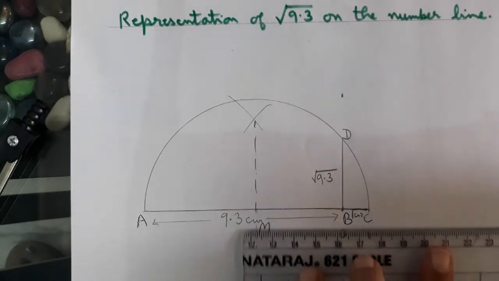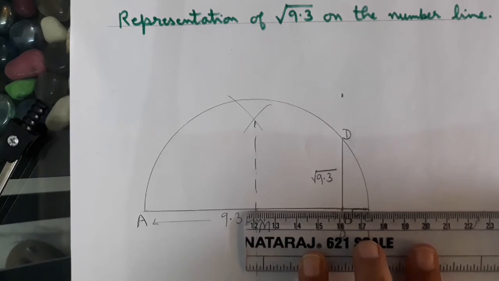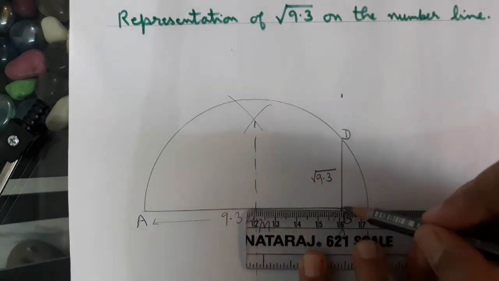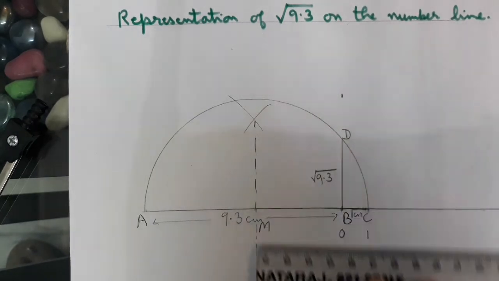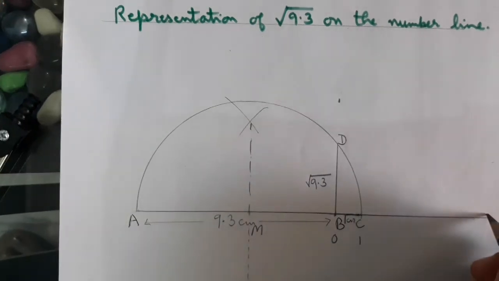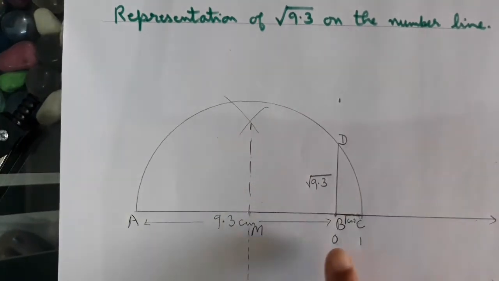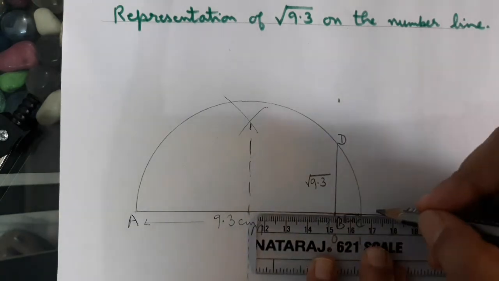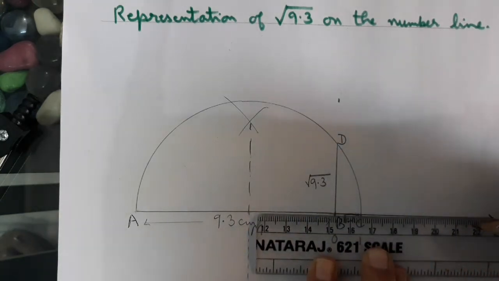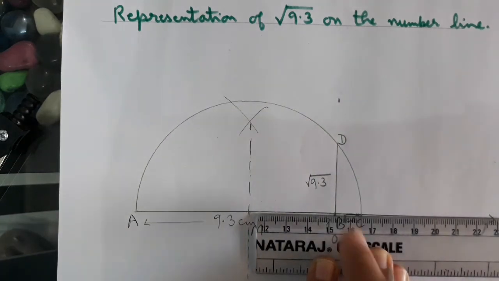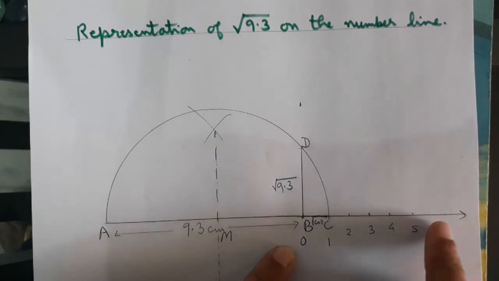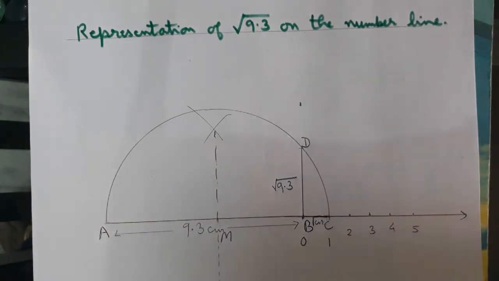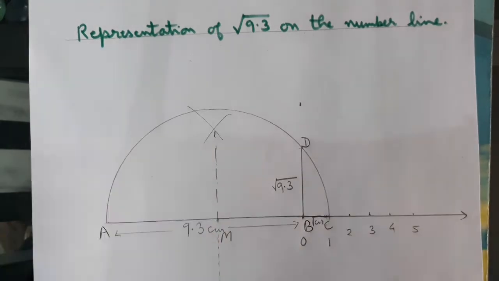Now we extend this line and mark the other points: 2 centimeters, 3 centimeters, 4, and so on. This is the number line we have obtained here itself.